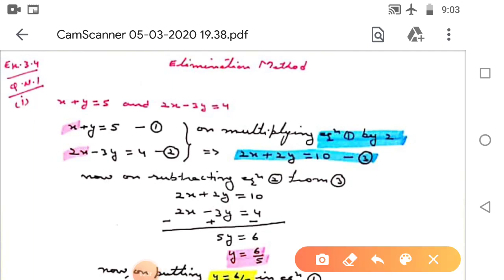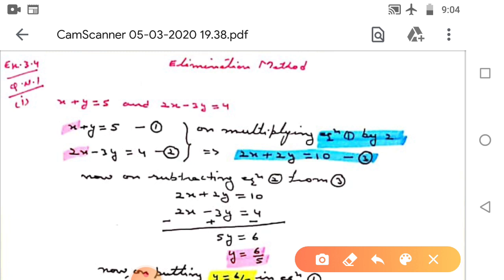Hello students, let us start exercise 3.4, question number 1. In this exercise we are going to solve linear equations of two variables by elimination method.